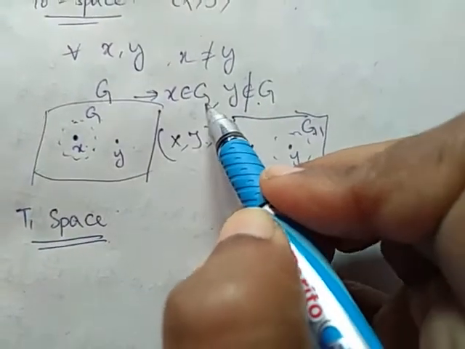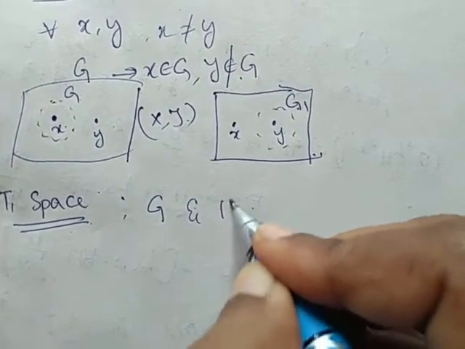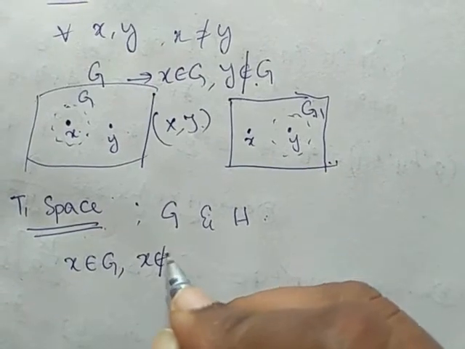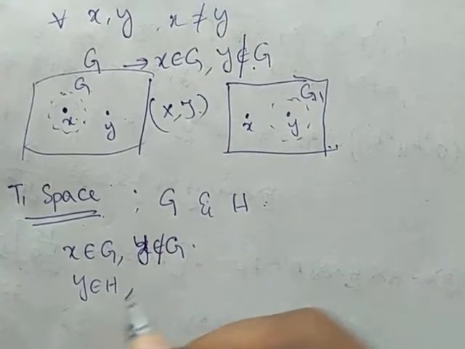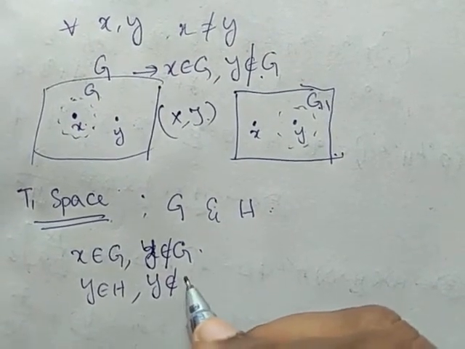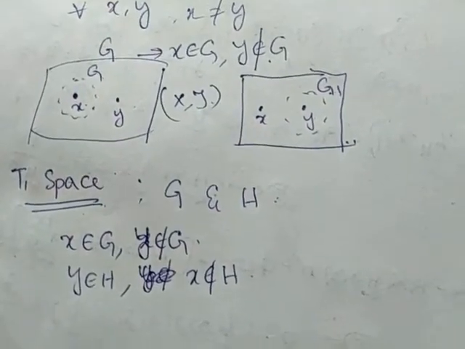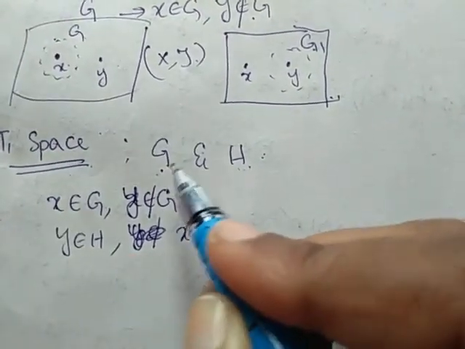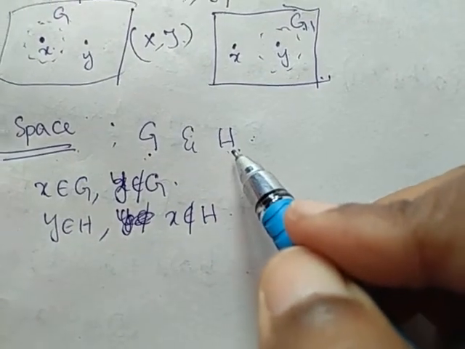In T0 space, there should exist one open set, but in T1 space, there should exist two open sets, G and H, such that x belongs to G and y does not belong to G, and y belongs to H and x does not belong to H. So I repeat, in T1 space there should exist two different open sets such that one point belongs to one of the open sets and the other point belongs to the other open set.